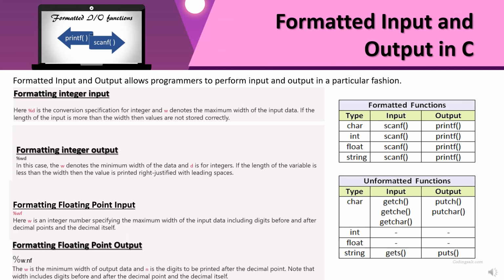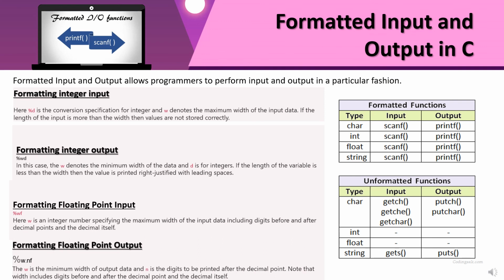In formatting floating point output, %w.nf, the w is the minimum width of output data and n is the digits to be printed after the decimal point. Note that width includes digits before and after the decimal point and the decimal itself.